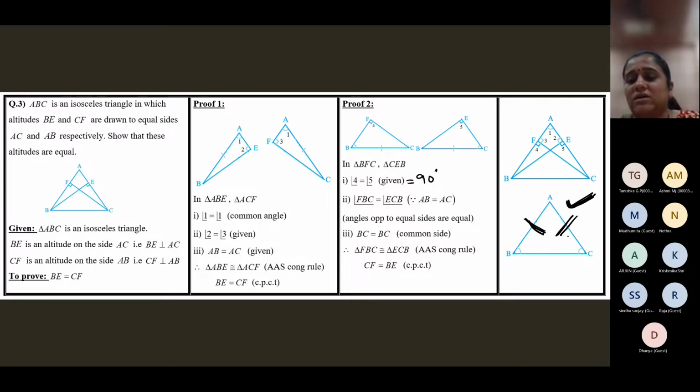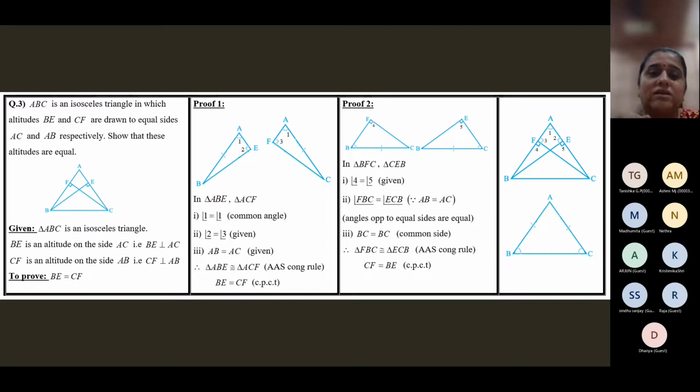The angle opposite to AB is this angle. Opposite to AC is this angle. If these two sides are equal, then these two angles are equal. Why, Sanjay? Why, Raja? We discussed that. I already explained before we started this exercise.